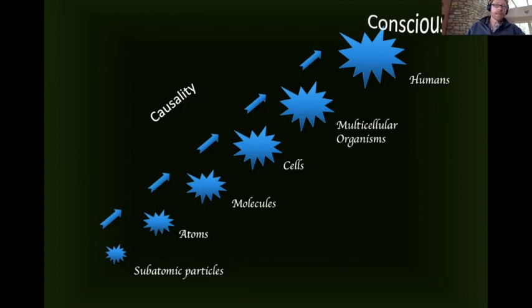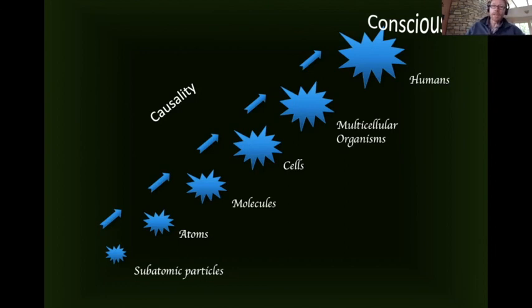But it's very, very clear that there is a kind of top-down causation as well. And hence this connection between humans and subatomic particles. Obviously humans affect other multi-celled organisms, right? Which also affect cells. And so there's definitely a kind of causality that goes back down the chain that isn't really recognized by science, okay?